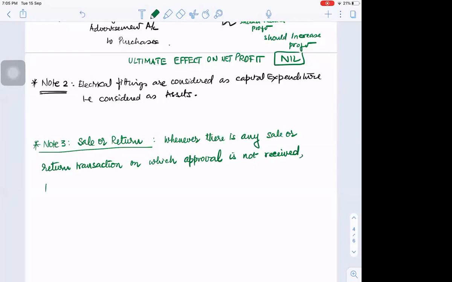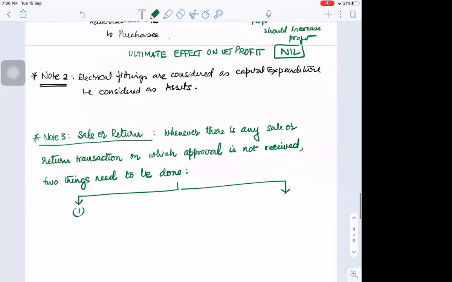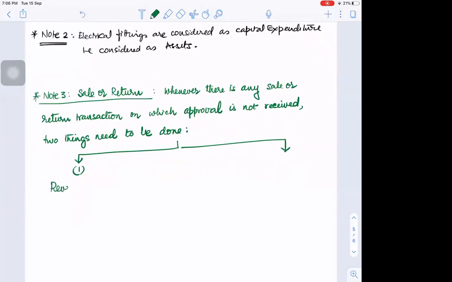Whenever there is any sale or return transaction on which approval is not received, two things need to be done. First thing is reverse the sales.